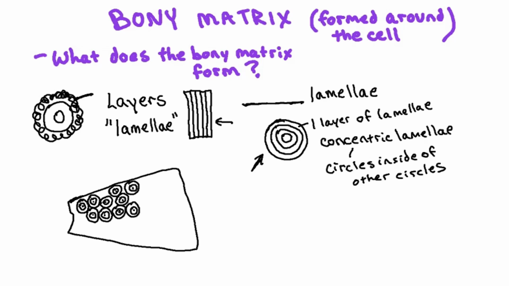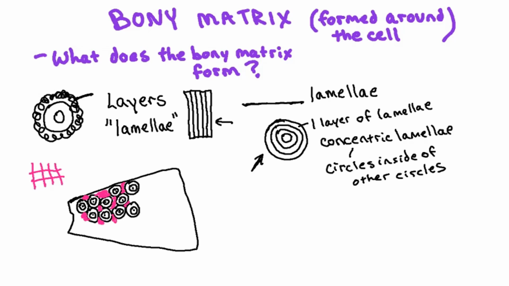There are going to be gaps in between the circles where the circles don't fit perfectly next to each other, because it's not like they're cubes that would fit perfectly next to each other with no spaces. These have spaces in between them, in between these concentric lamella.